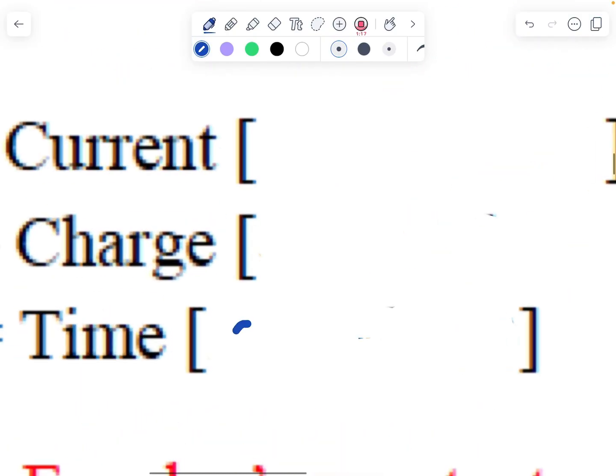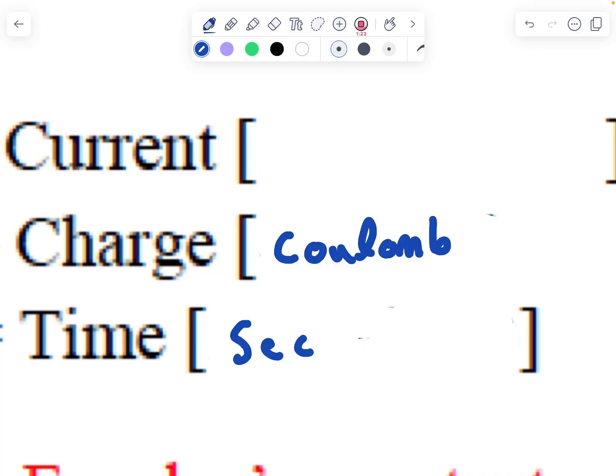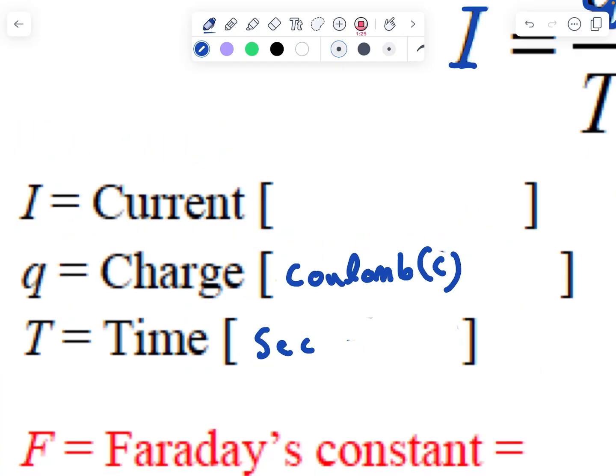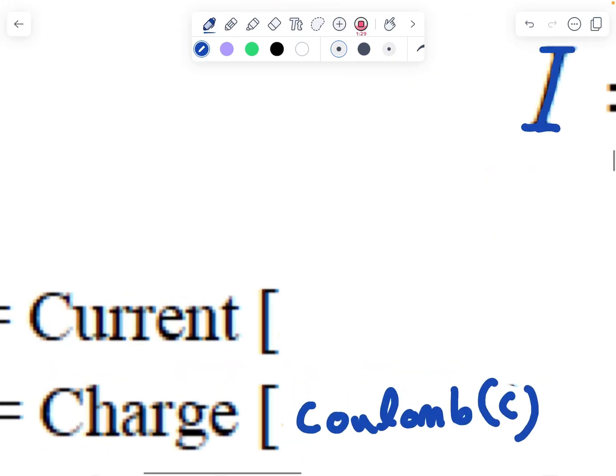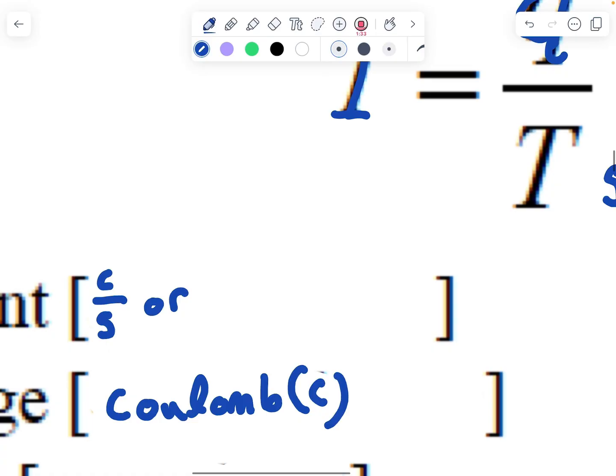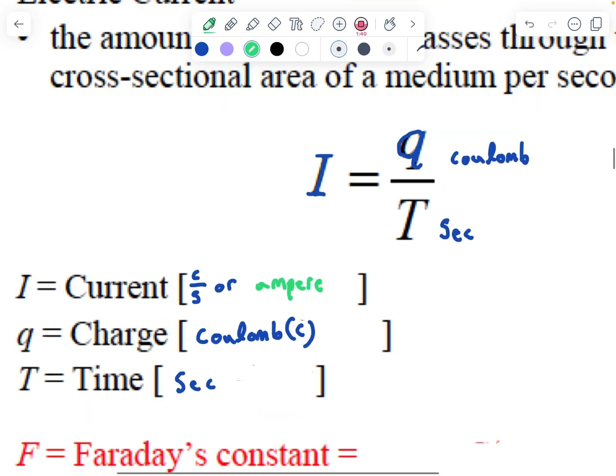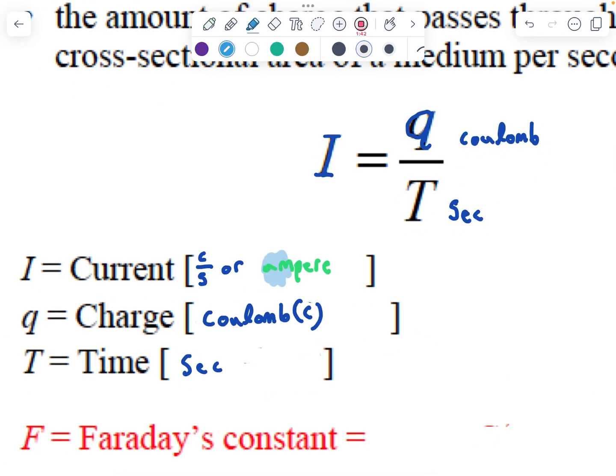So this is seconds, and this is coulombs, or you can just call this C. A coulomb per second, C over S, or if we want to get really fancy, we call it an ampere, which is named after another chemist or physicist.